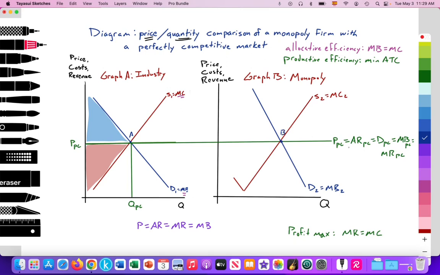And we're going to highlight that, that would be the quantity of output for the perfectly competitive firm, right? So the monopolist is the industry. If it's one dominating firm facing no competition, the monopolist is the industry. So essentially, the perfectly competitive industry model is the same as the monopolist model because they're both illustrating the industry.